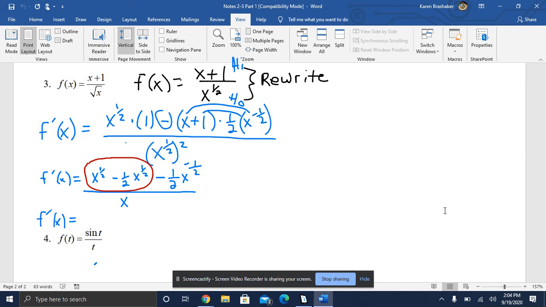So that is going to simplify to 1/2 x to the 1/2 power minus 1/2 x to the negative 1/2 power. And then all of this is over x.